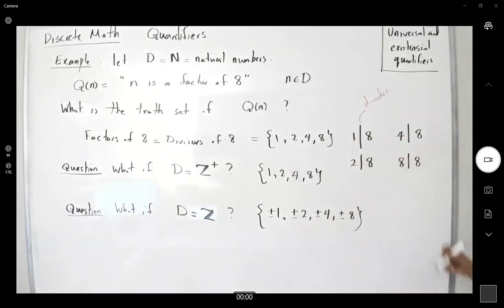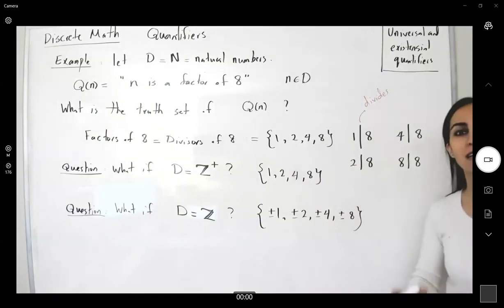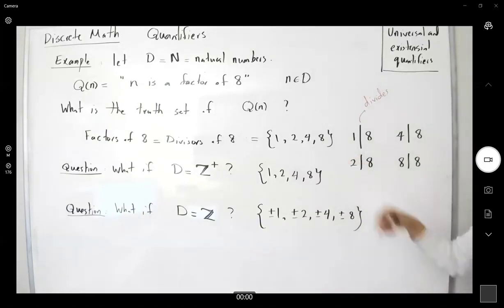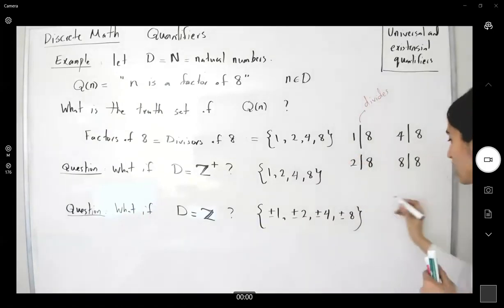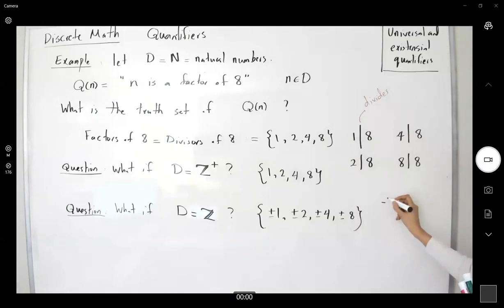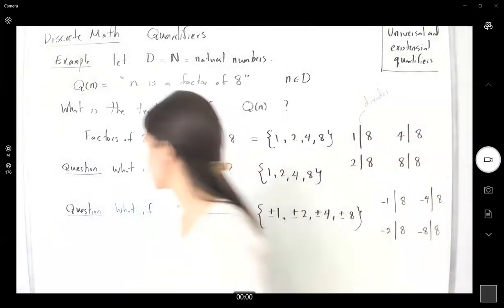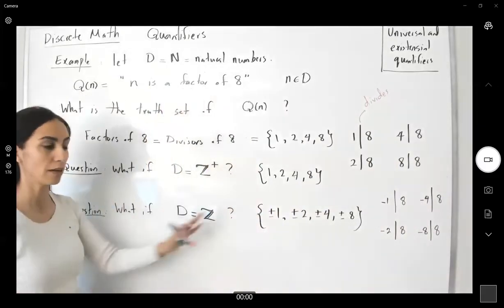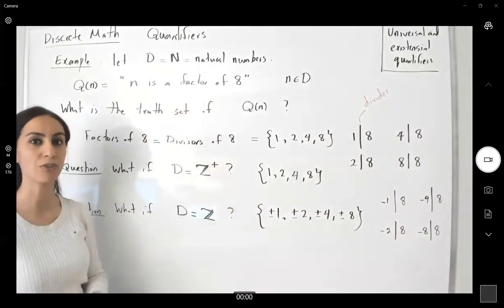Remember that both positive and negative numbers can be divisors or factors. Negative 1 divides 8, negative 2 divides 8, negative 4 divides 8, also negative 8 divides 8. So if we change the domain, we have to be careful about the truth set.